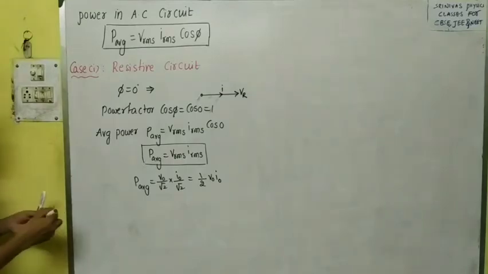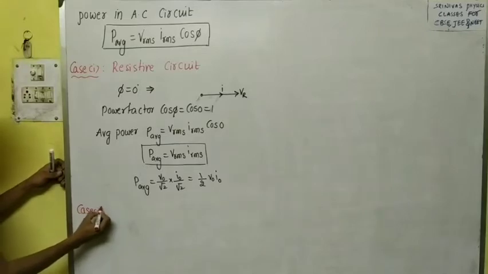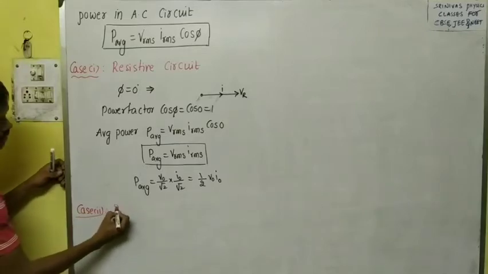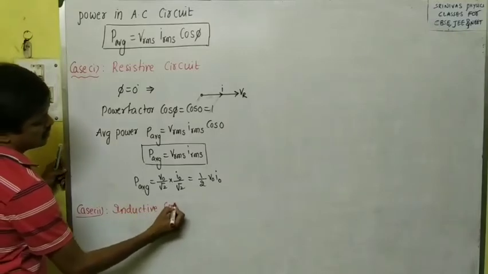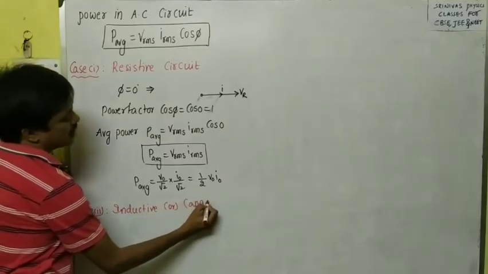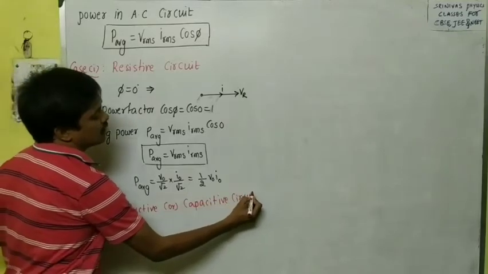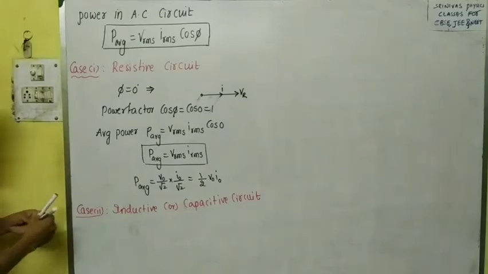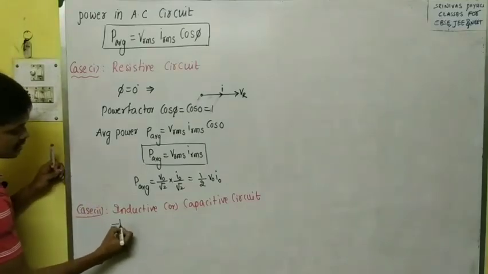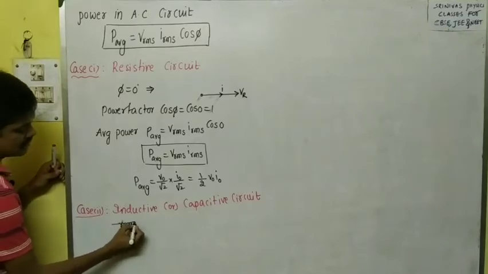Next, the second one, case 2: inductive or capacitive circuit. Inductive means the circuit consists only of an inductor.